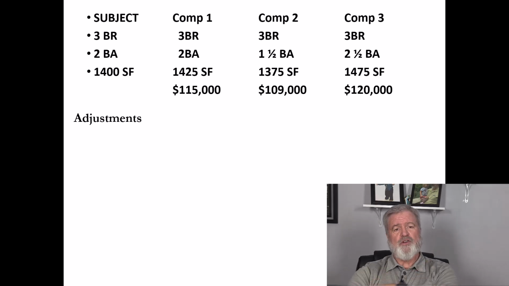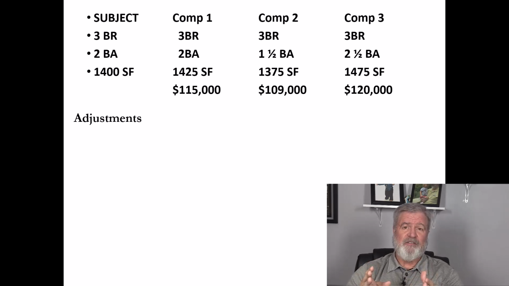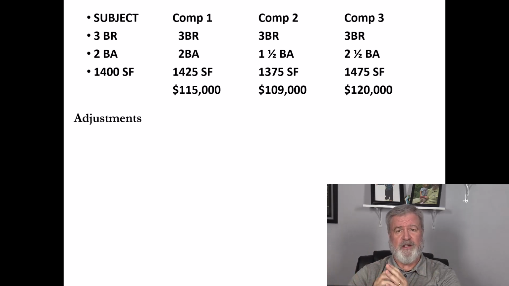So we know there's a 25 feet difference between the subject and comp number 1. 25 feet times $30 a foot, how much does that give you? Y'all, if you don't have a calculator, go get one. Pause the video. You're going to need your calculators for a good while here.